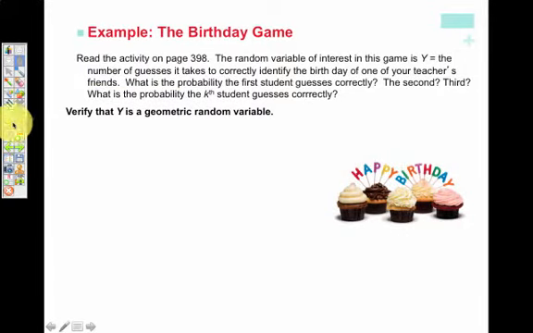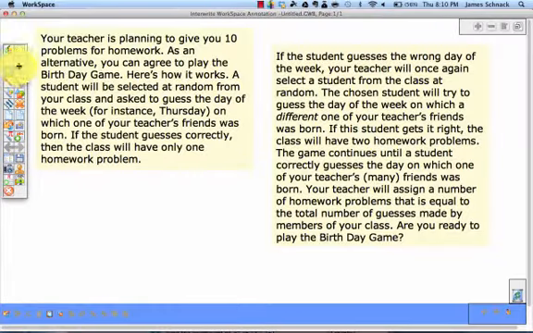So we're going to look at an activity. So here it is. It's the birthday game. So your teacher plans to give you 10 problems for homework. Take a minute and read this problem, and then let's talk about it real quick. So pause the video. Alright, so if one person guesses right, we have one homework problem.